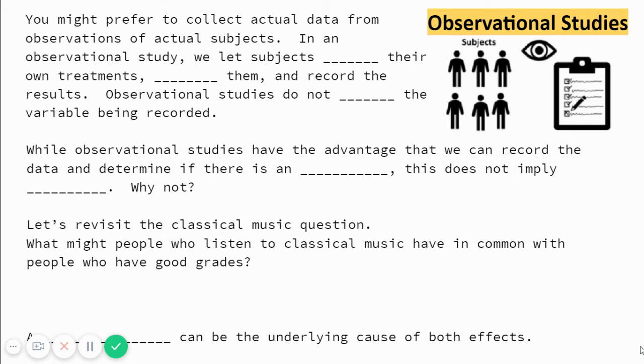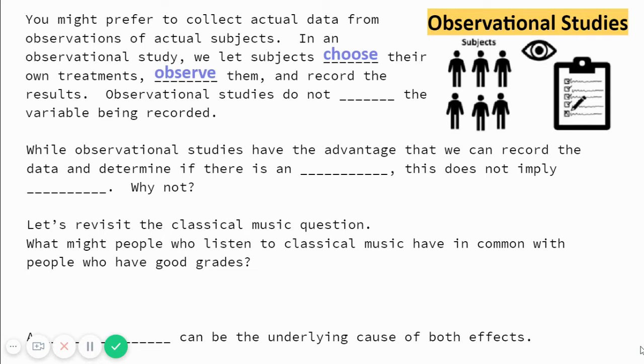Now, sometimes we want to collect actual data. With an observational study, this says we let subjects choose their own treatments. We just watch what happens, and we record the results.